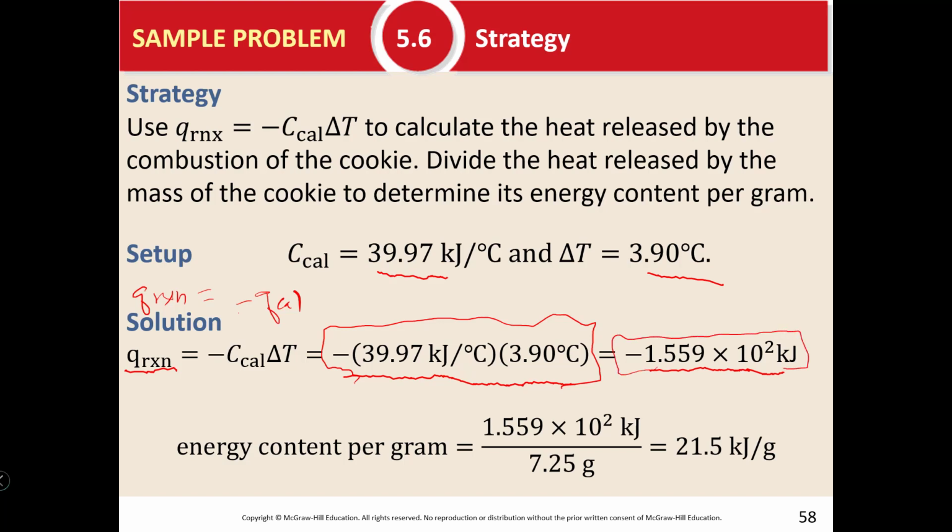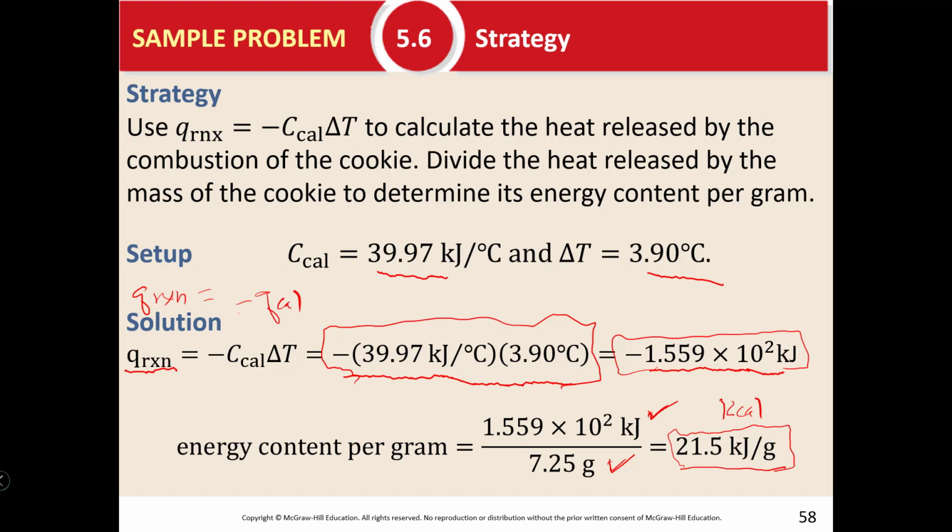Now, that's not usually good enough for us. We want to know how much heat's given off per gram of cookie. So we have to divide the amount of heat released by the cookie by the mass of the cookie to find out how much energy in kilojoules is given off per gram. Now that may look strange to you. Normally in America we do calories per gram or kilocalories per gram, but most places in the world use joules to talk about energy in their food.